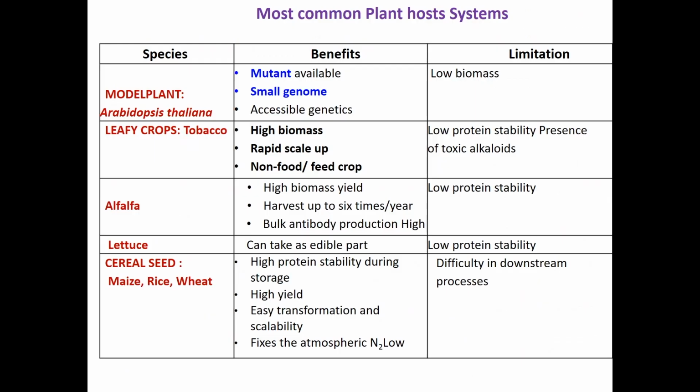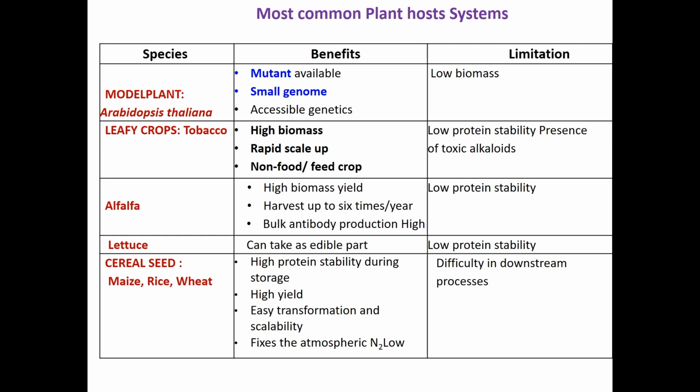Some of the most common plant host systems used for plant molecular farming are shown here. As usual, the model plant comes first, that is Arabidopsis thaliana. Many mutants have already been developed in Arabidopsis thaliana because of its small genome, and the genome sequence and gene characteristics are available in the public domain.